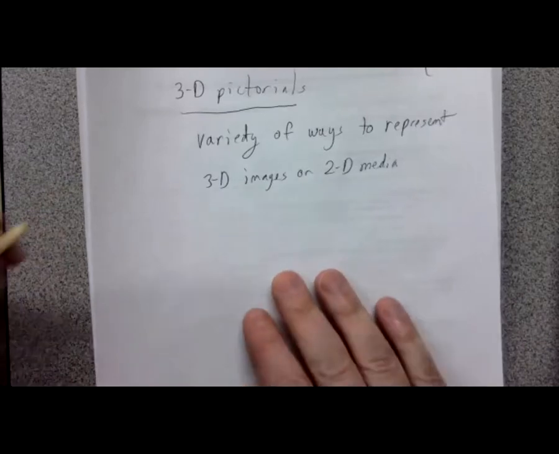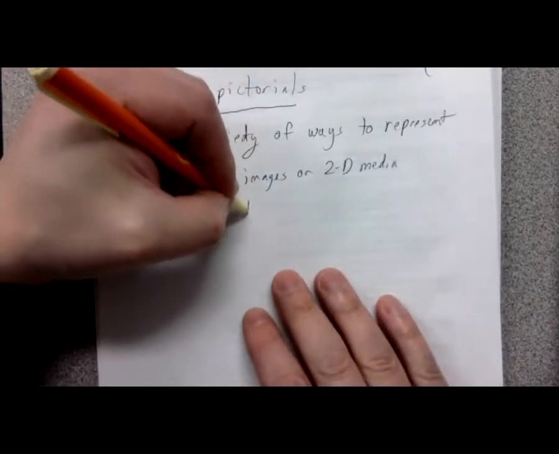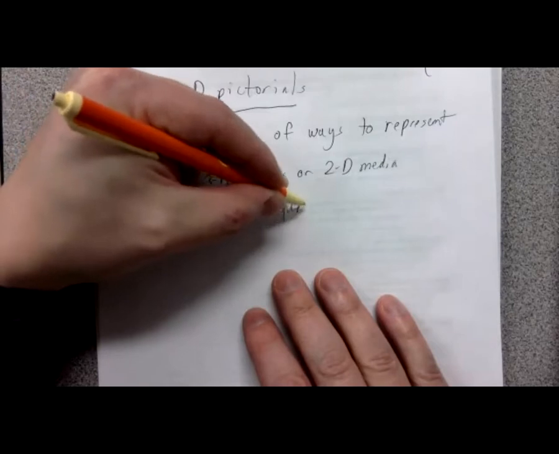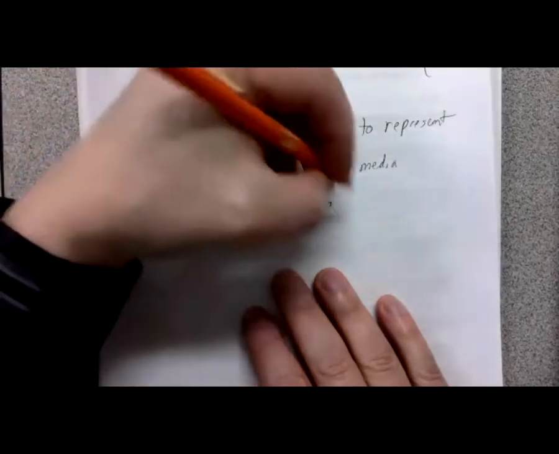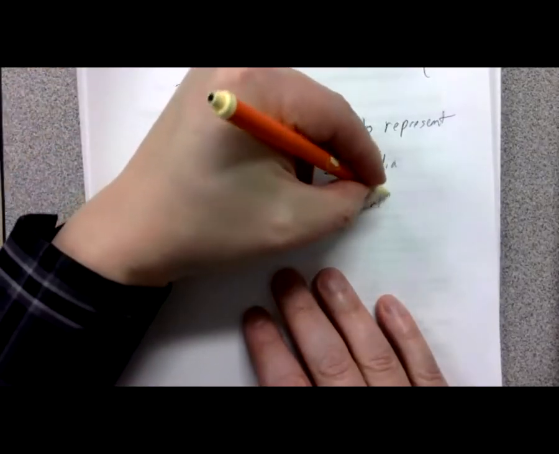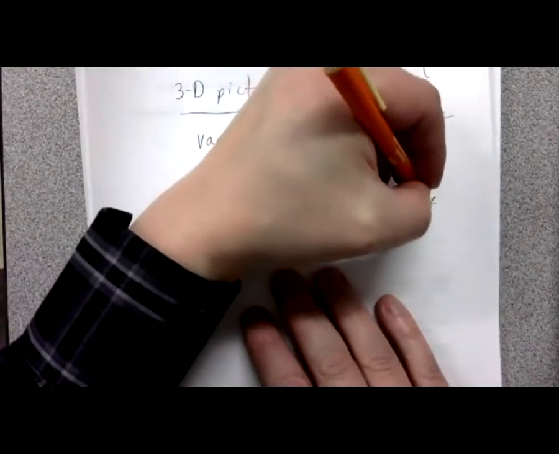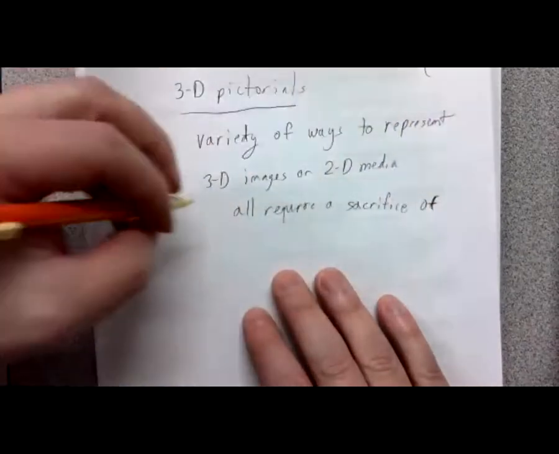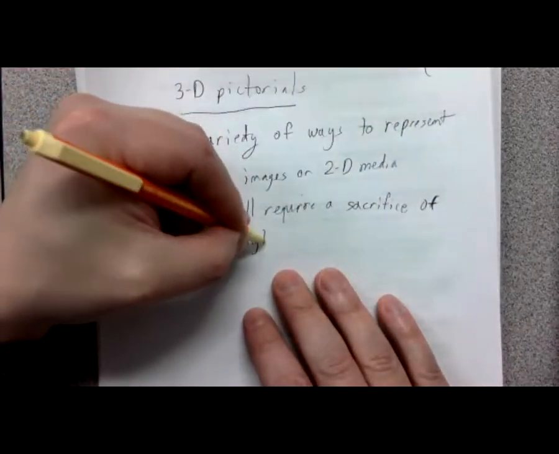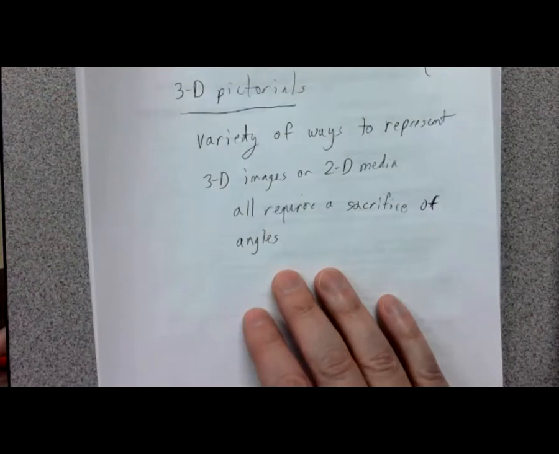You can achieve that. Now, they will all require a sacrifice, as we mentioned earlier. In the case of a three-dimensional projection, it requires a sacrifice of, at the very least, angles. Right?